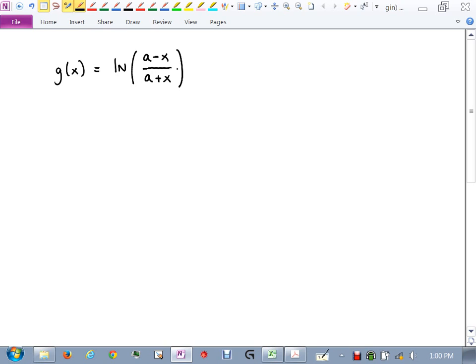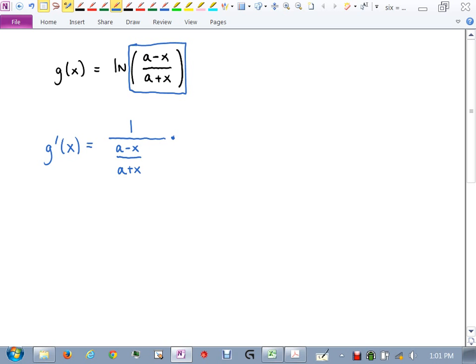You could just go straight at it: the derivative of natural log of something is 1 over that something, and I'll flip it on the next step, times the derivative of what's inside.